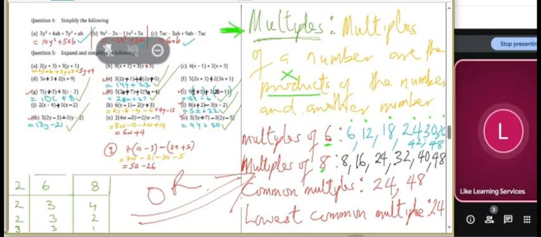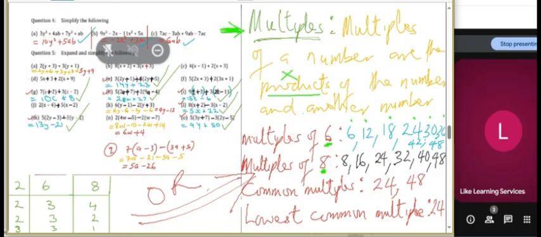Now, what are the common multiples of 6 and 8? The ones that you find in the multiples of 6, and you also find in the multiples of 8, as you can see here. What are the common ones? The common ones are 24 and 48.